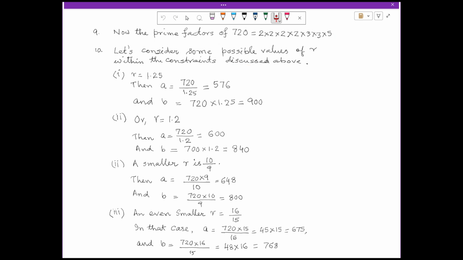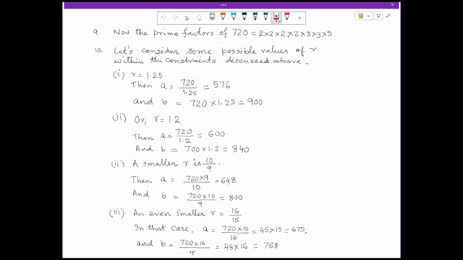Let us first consider r is equal to 1.25. Then a is equal to 720 by r, that is 720 by 1.25, that is equal to 576. And b, that is equal to 720 multiplied by 1.25, that is 900.